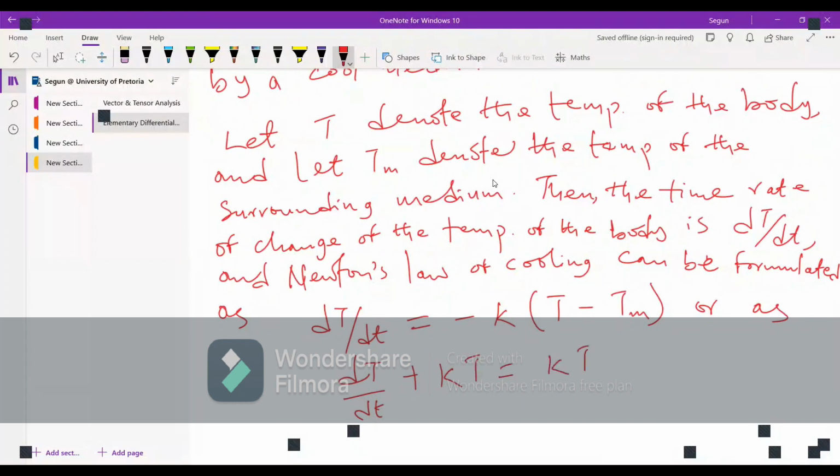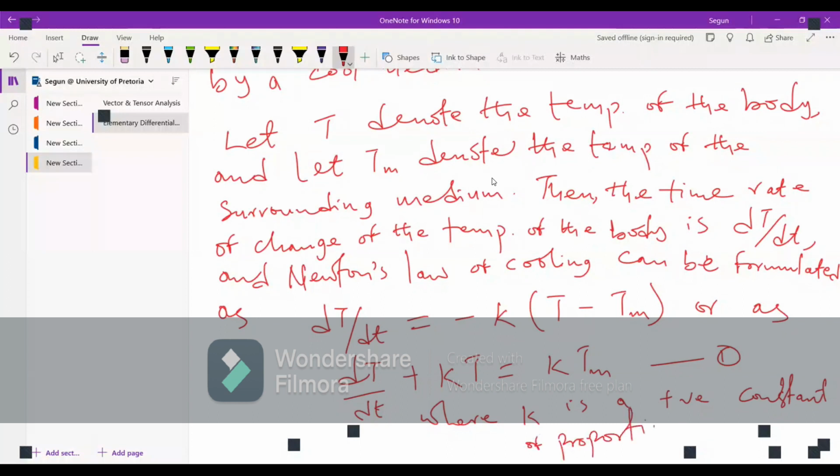We call it equation 1, where k is a positive constant of proportionality.